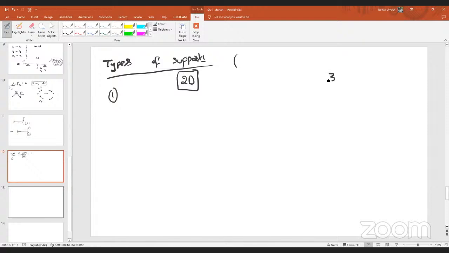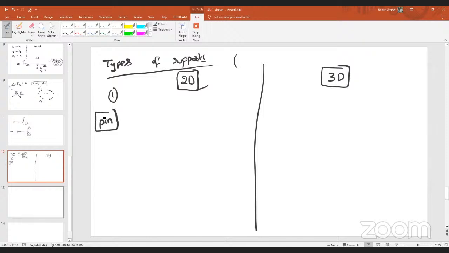On the other side, I am talking about the structures that are analyzed in a three-dimensional plane. You guys will agree, right? Drawing dimensions in 2D and 3D might be difficult, so I'm just telling you two-dimensional and three-dimensional.